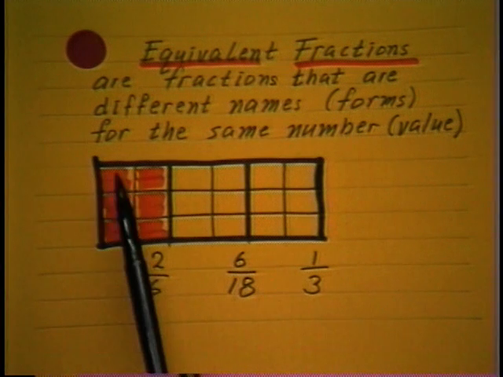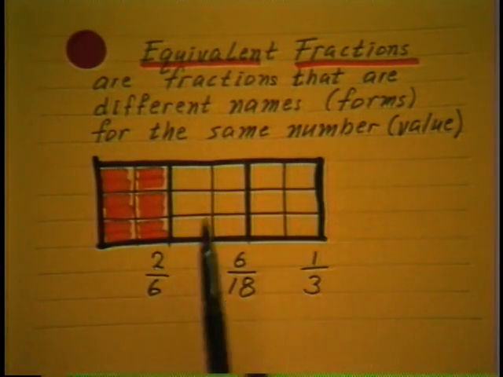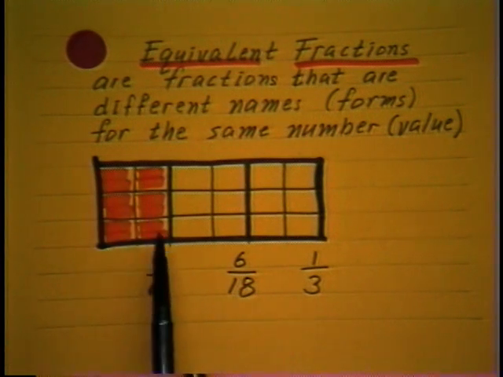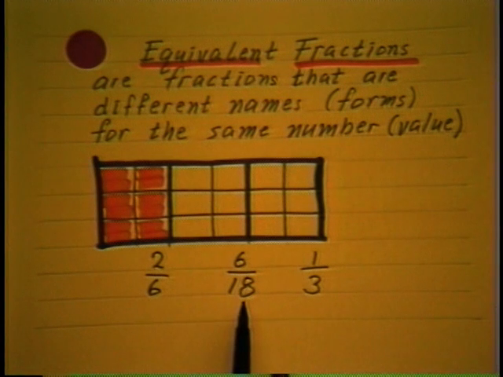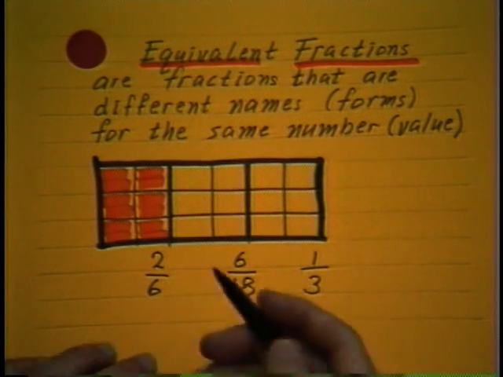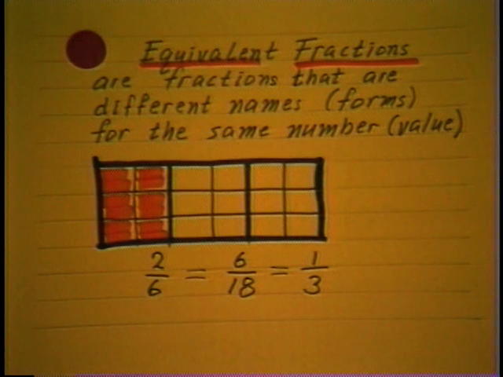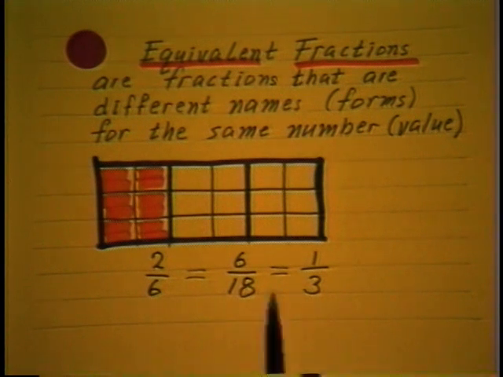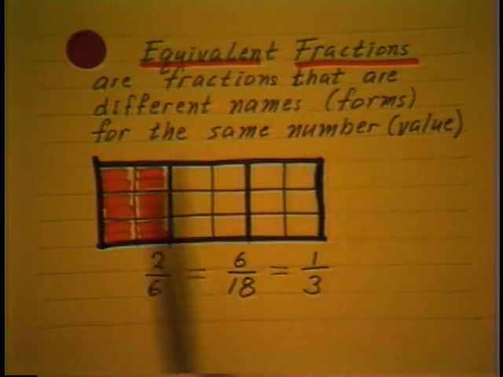On the other hand, if we concentrated on the very tiny squares, then we would say we have shaded in 6 small parts out of a total of 18 of those small parts. But relative to the whole, the same portion has been shaded. So we call these 3 fractional expressions equivalent fractions.